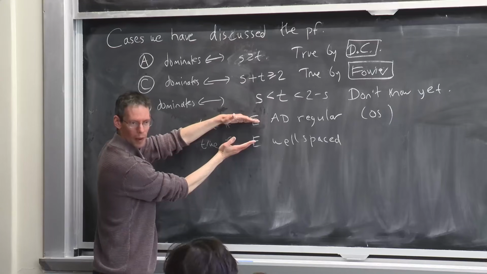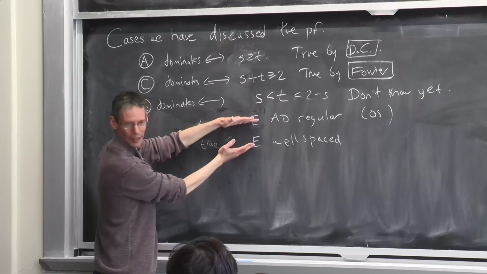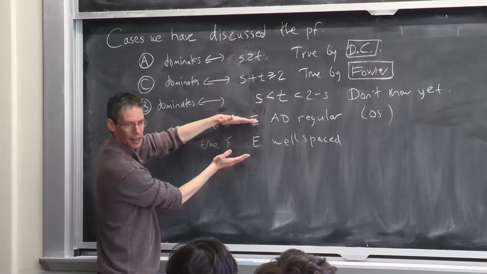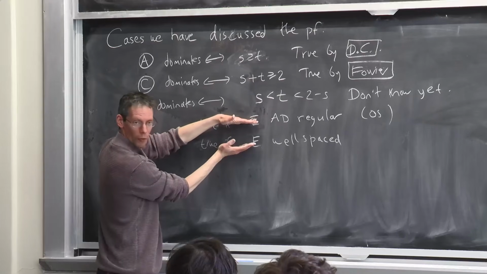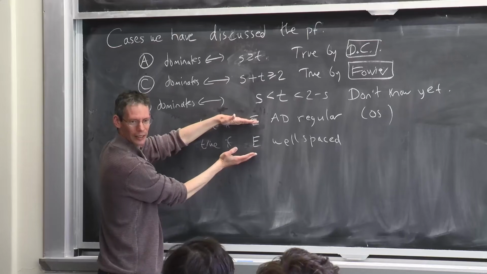And we hoped maybe we were close, and we tried to do the stuff in the middle, and it was hard and messy, and we couldn't do it. So when Orponen and Shmerkin wrote their paper, they said, we solved the AD regular case, and we know that previously some people solved the well-spaced case. What's left is to do the stuff in the middle, but we're not sure whether that might be very hard.